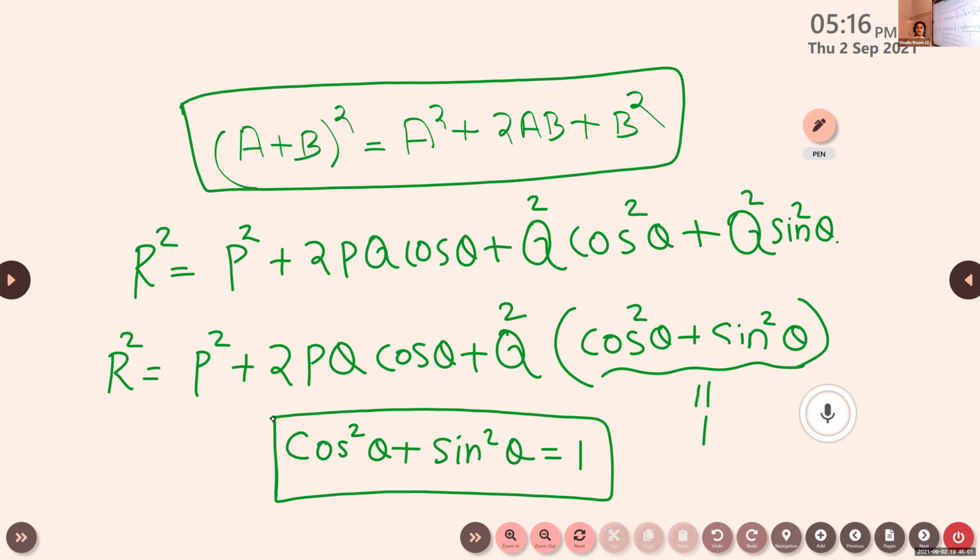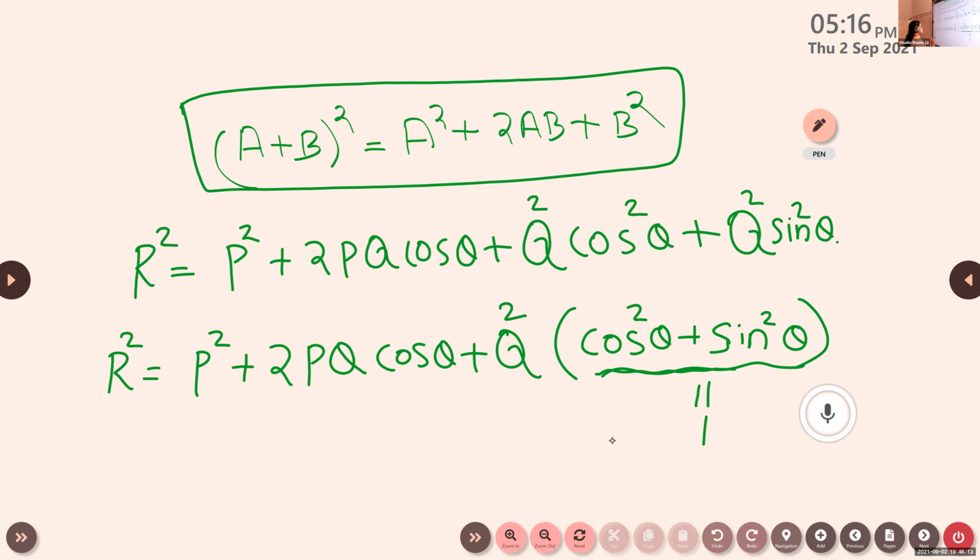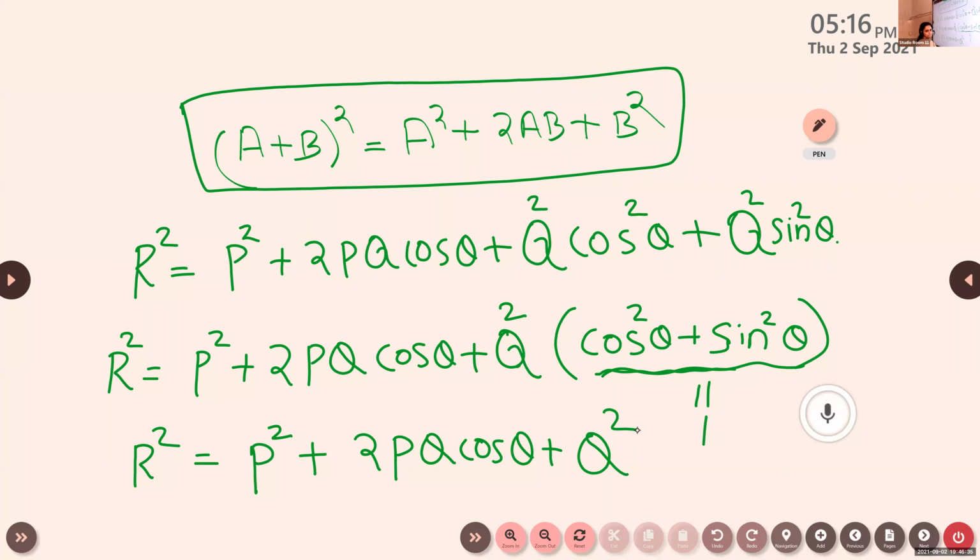So this term becomes equal to 1. Then our equation becomes R square is equal to P square plus 2PQ cos theta plus Q square into 1, that is Q square.